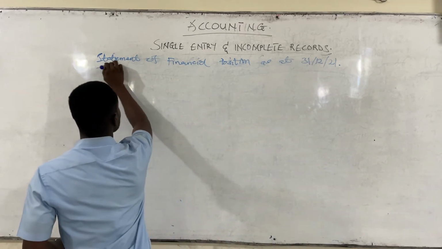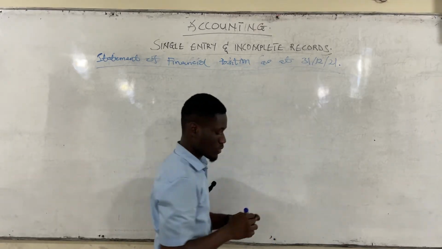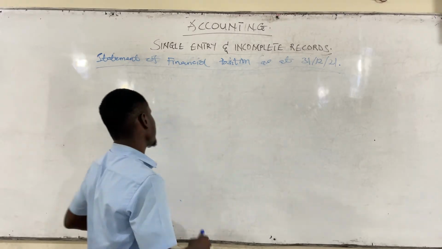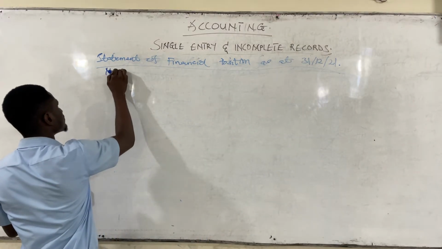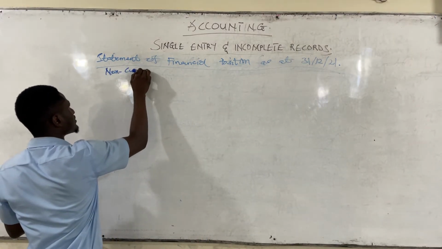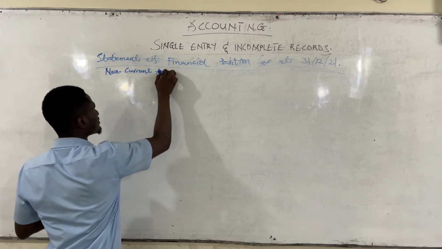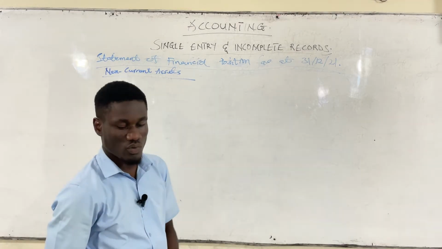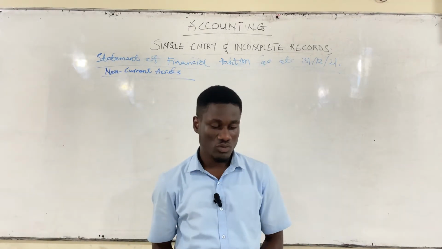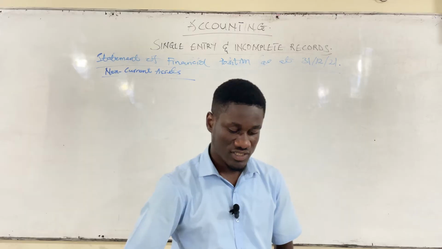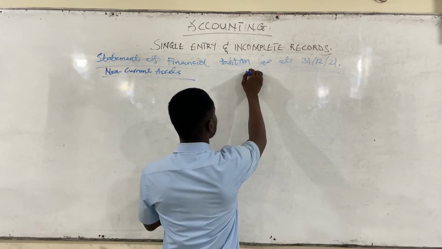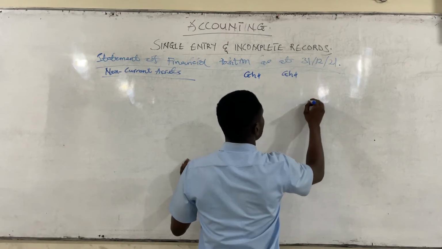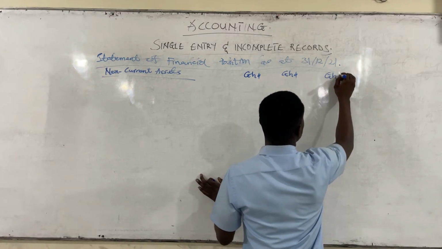Good. So for our non-current assets, we have only two non-current assets in the question, which is the motor vehicle and the furniture and fittings. So we have our cost here, we have our accumulated depreciation here, we have our net book value here.